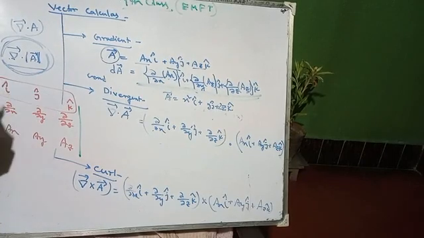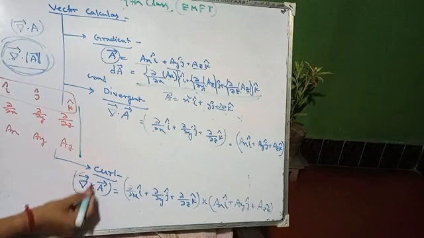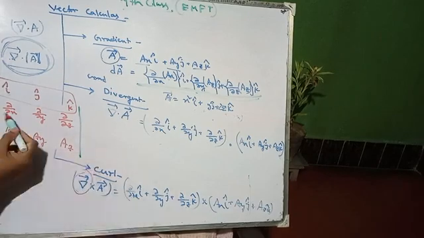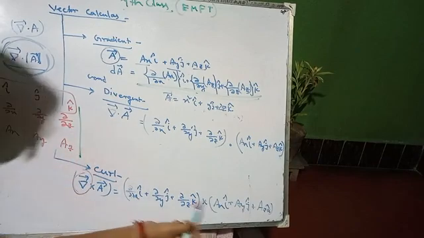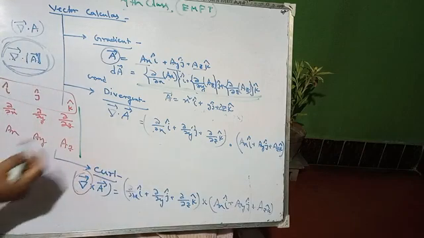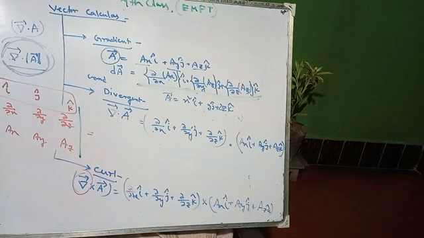The second row will be del del x, del del y, del del z, and the third row will be ax, ay, az. So what is the determinant value of this matrix?